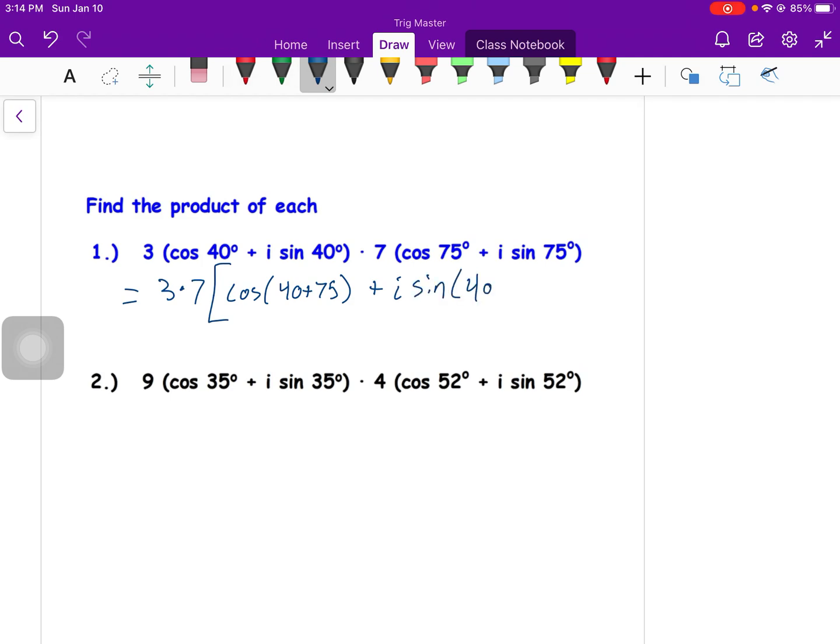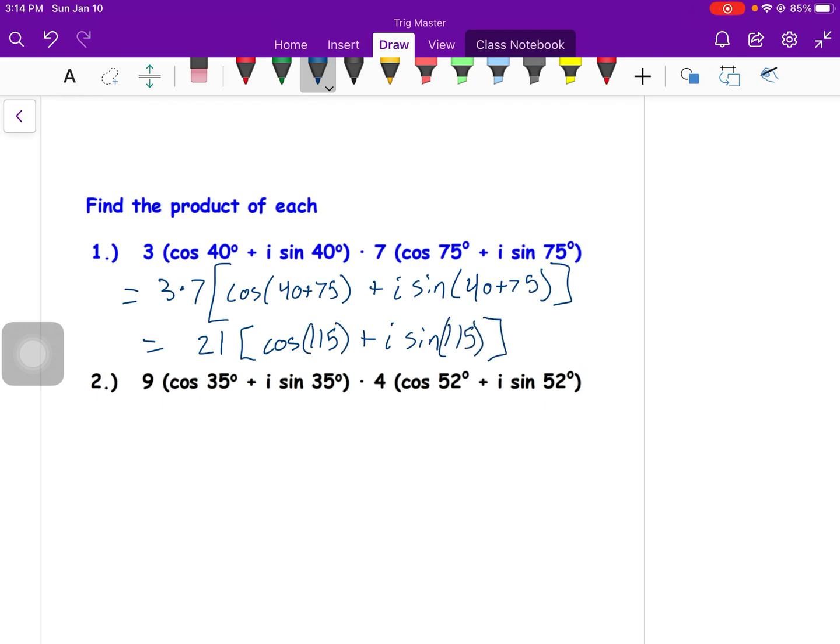Same with the sine. So I'll try to have that square bracket around that entire piece. So my final answer is going to be 21 times cosine of 115 plus i sine of 115.